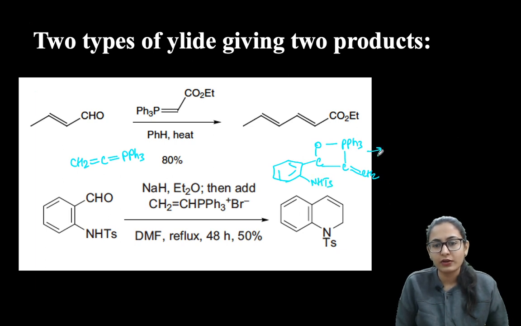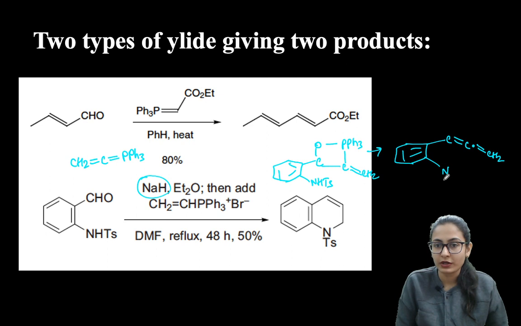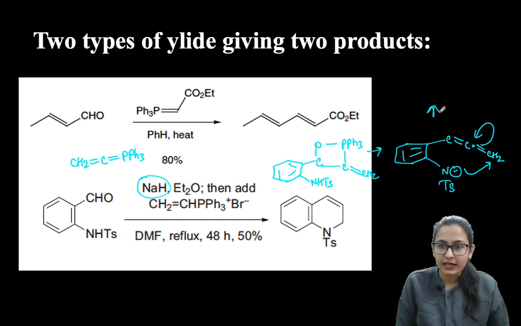Very well, so your alkene which has formed is looking more like the allene system, isn't it? It is more like the allene system, and now there is base in the medium. So what we are going to think about is that the negative charge on nitrogen attacks this carbon and generates a negative charge on the central carbon to get you this product.